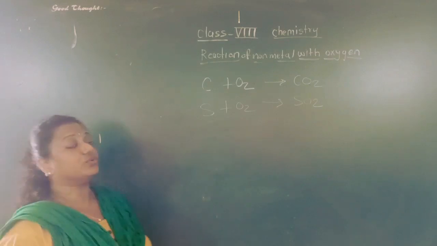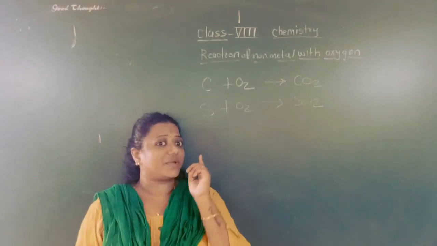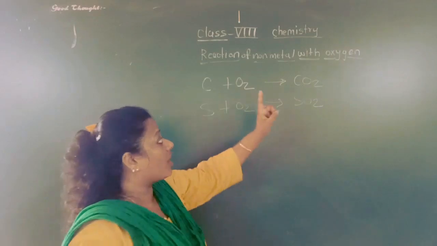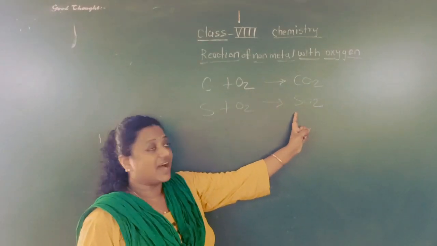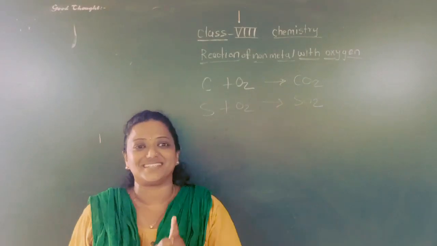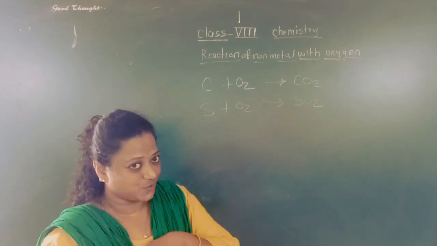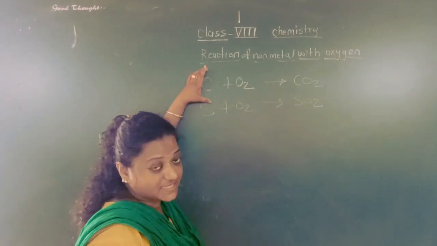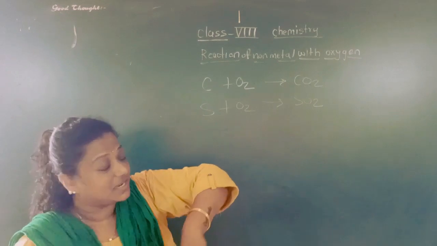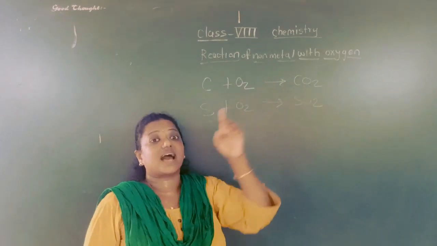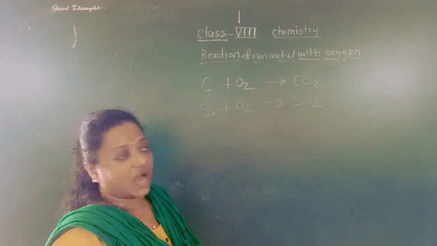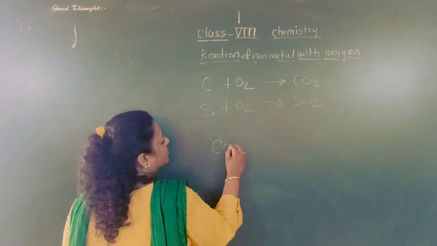And as I told you, metallic oxides are basic in nature, while non-metallic oxides are acidic in nature. See students, metallic oxides were basic in nature, but non-metallic oxides are acidic in nature. How is it?